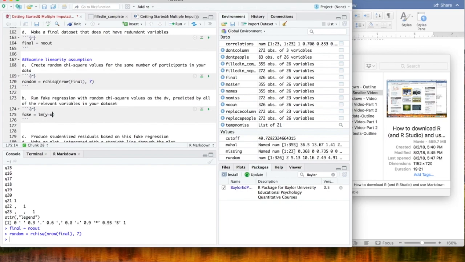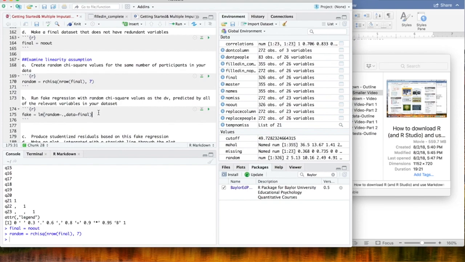But for this one, because it's random, we're going to do random tilde period, because period basically means all of the variables in the data set, which is nice. You don't need to type every single variable in there, and the data is going to be the final data set that we just made.